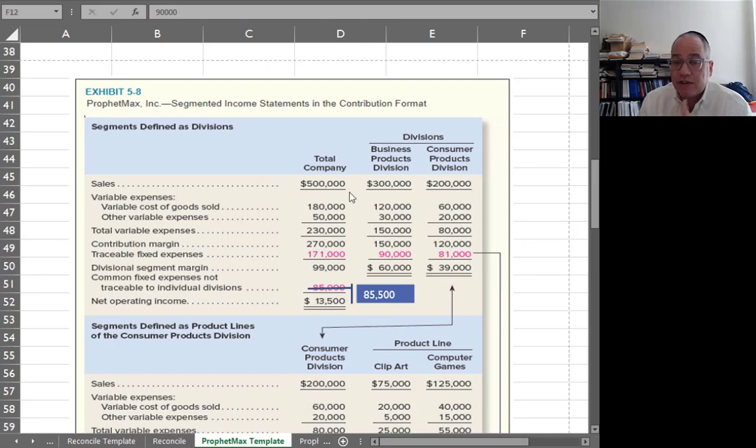So the traceable expenses of this 90,000 goes to business products and 81,000 is going to consumer products. So I'm able to figure out divisional segment margin of each one. And you can see here that each one contributes some segment margin to cover the common fixed expenses of 85,500. Net operating income is positive, which is a good sign.